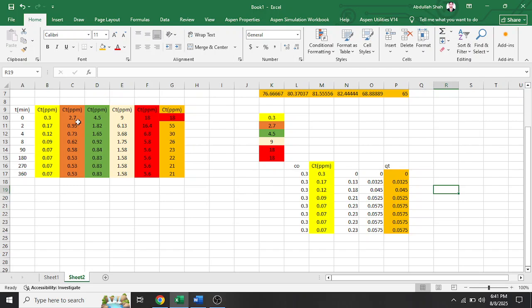Similarly, for the second experiment, this is the C naught, 2.7.